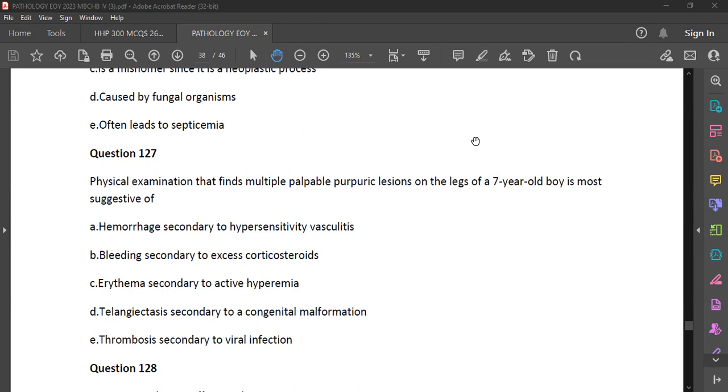And yeah, so who can tell me the triad of IgA vasculitis? Who knows the triad of IgA vasculitis? So for the triad, how I usually remember it, because it was called Henoch-Schönlein purpura, HSP.